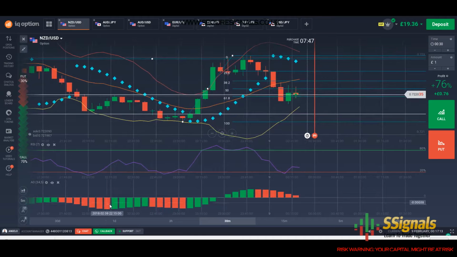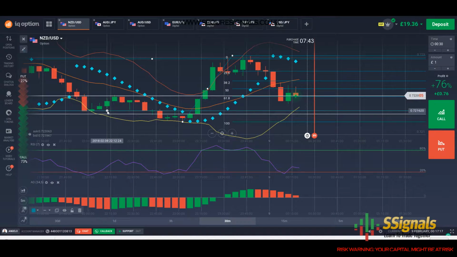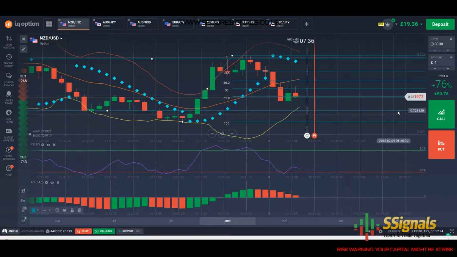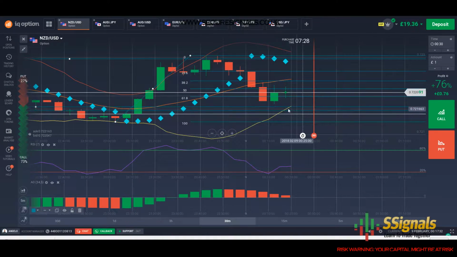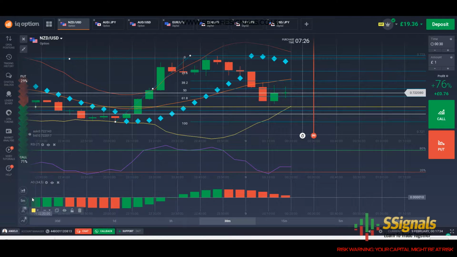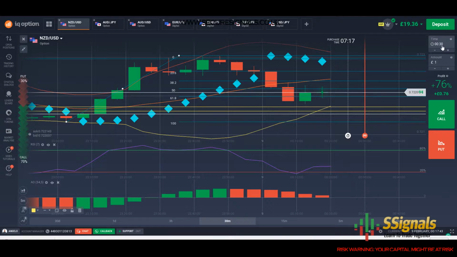Okay, if price was to hit this level here, 721,620, between there and there, if it enters this region here, I'll make it yellow, and we'll enter for a call.